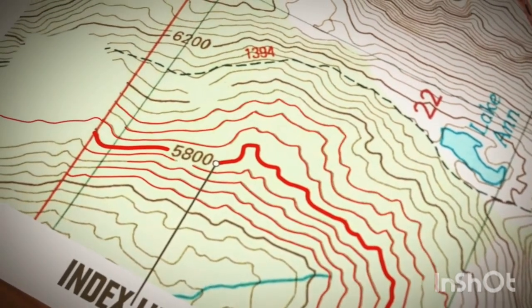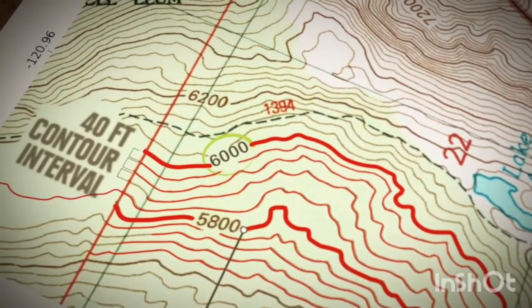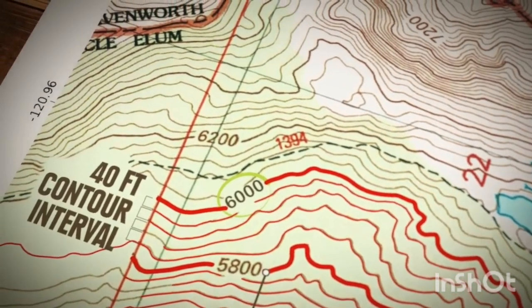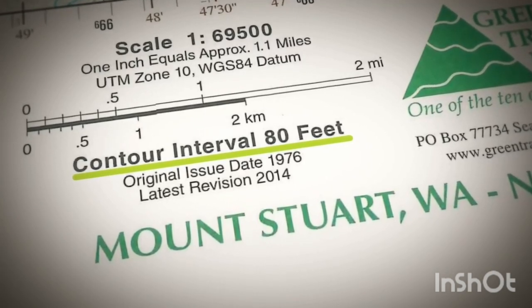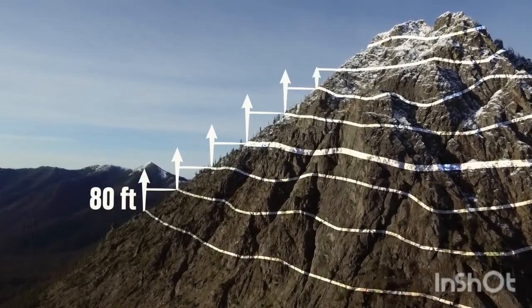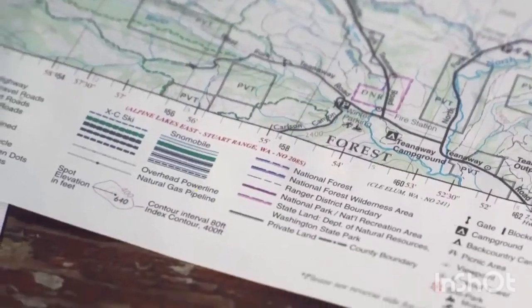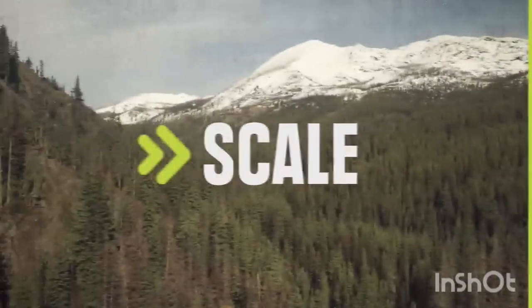At some point along every index line, you'll find the elevation for that line written on the map. The change in elevation from one contour line to the next is always the same on the map. And most maps have either a 40 or 80-foot contour interval. If your map has an 80-foot interval, that means that each contour line is 80 vertical feet away from the next. You can find all the specific details about the contour intervals and index lines for your map in its legend.